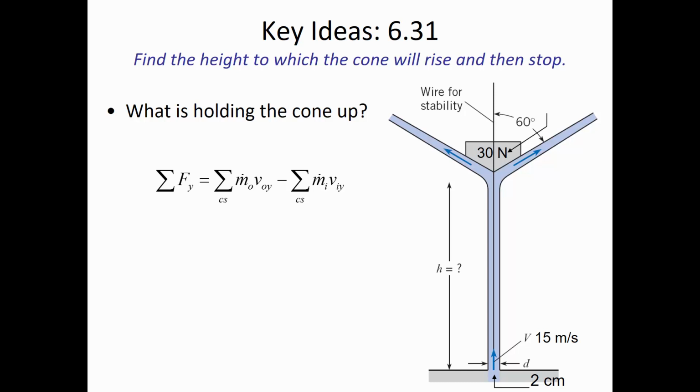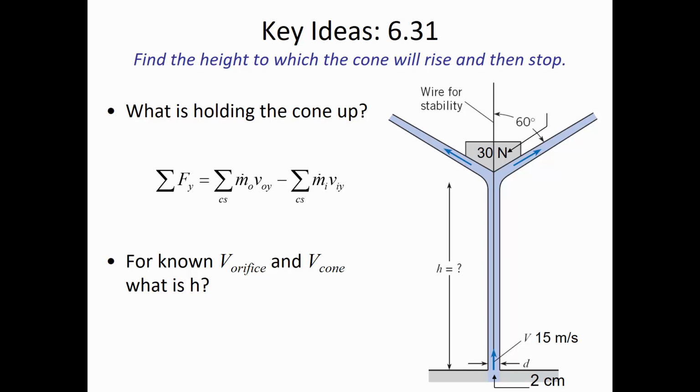We're going to be applying it in the y direction because y is vertical and 30 newtons is the weight acting downward. So we can use this momentum equation to find the velocity of the water.